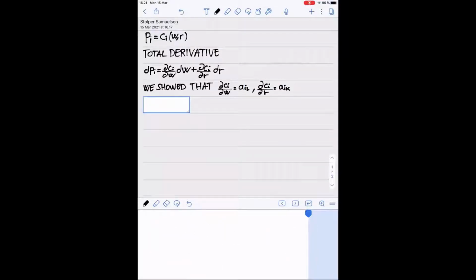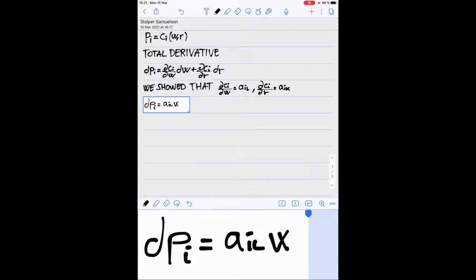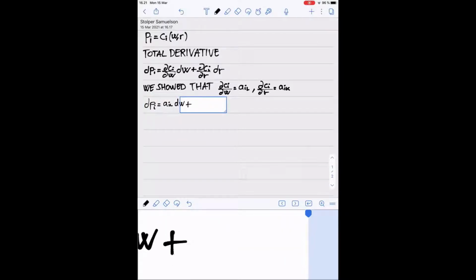Our total derivative becomes aiL times the derivative of the wage plus aiK times the derivative of the rental on capital.